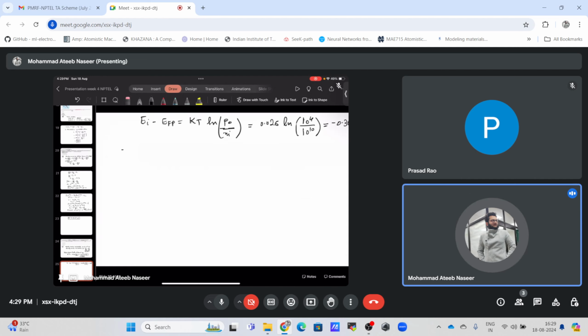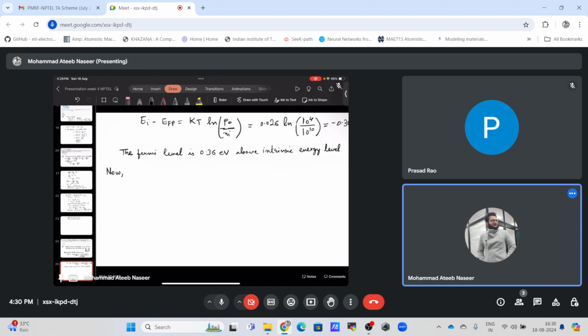Okay, let me write it down like this. The Fermi level is 0.36 electron volts above intrinsic energy. Okay, this is in the case of thermal equilibrium.